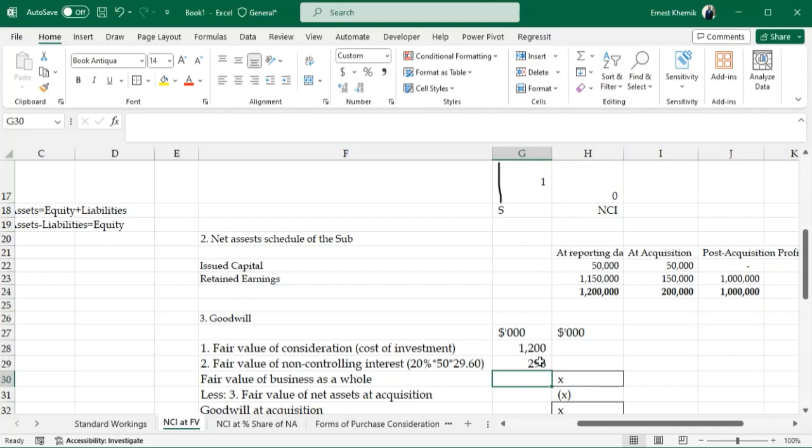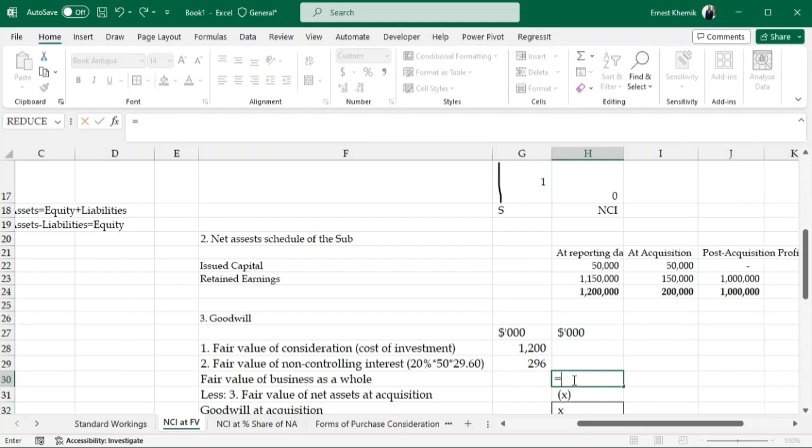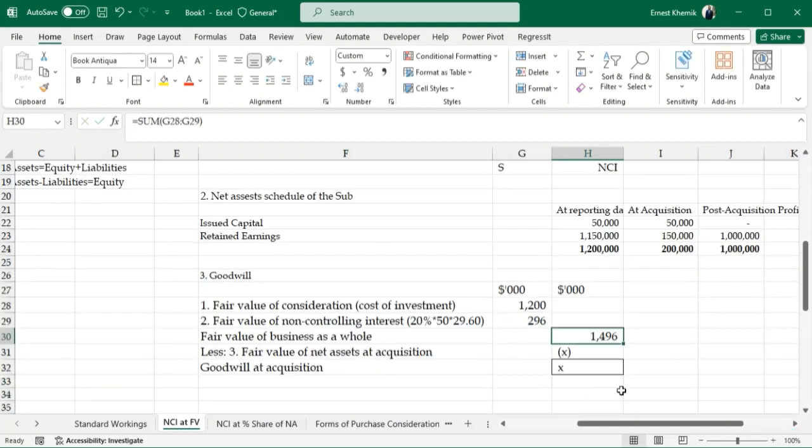That becomes our fair value, and then we are going to add those two figures together. So I'll have my sum here, add these two figures together, close my parentheses and hit enter, and that gives me the value that we have paid for the business as a whole.